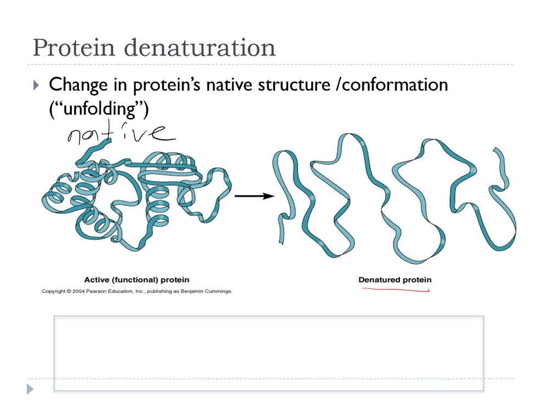So the primary structure is already in unfolded form, okay? Therefore, we define protein denaturation as the major changes in the secondary, tertiary, or quaternary structures. Okay. So we are talking about losing shape.